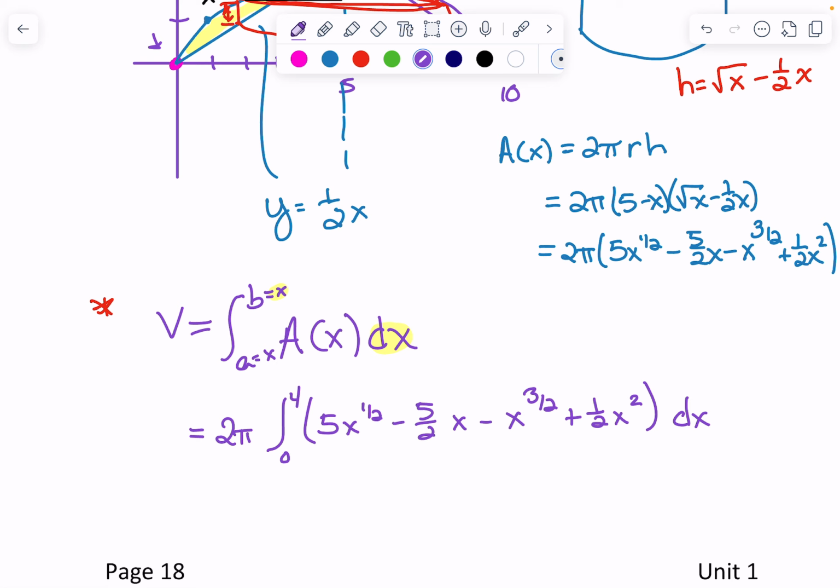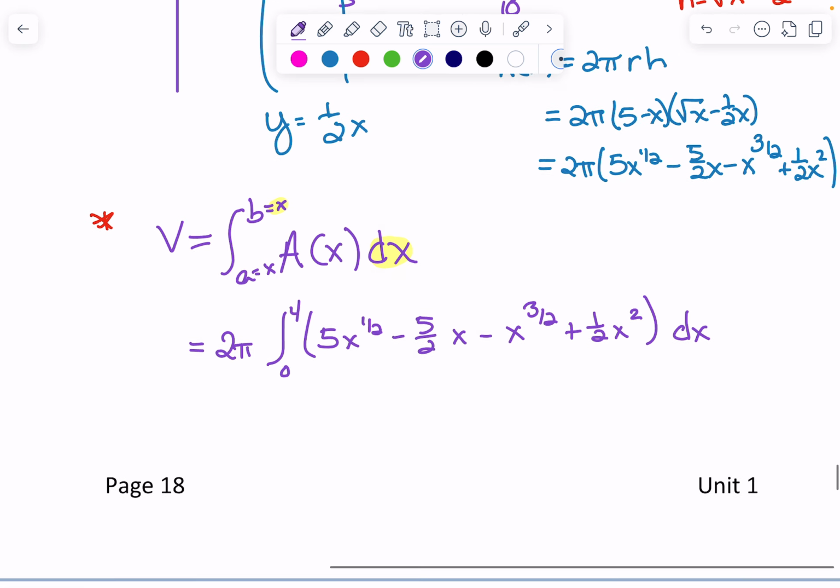From there, I think you can handle it. I can just integrate each term separately. Hold on, let's back up. That was a little further than I wanted.